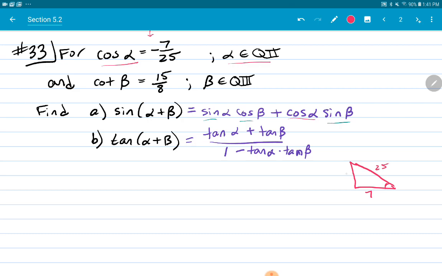So I gotta find this side right here. I can use the Pythagorean theorem, so that's a -7. So -7 squared plus that other side squared gives me the hypotenuse squared. So when I solve for b, I get the square root of 25 squared minus -7 squared. And if I put that into my calculator, I find that third side is 24.